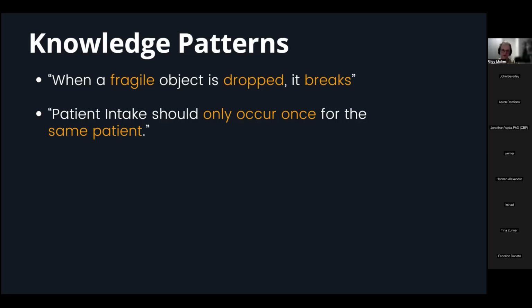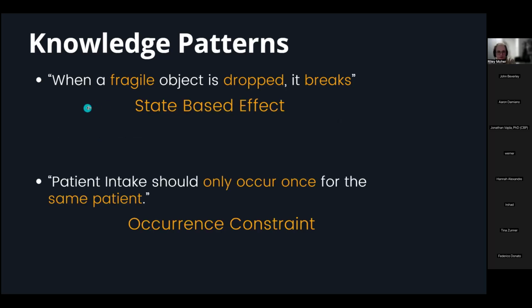And this kind of behavior that we're modeling in general would be something that we want to model to all kinds of different processes. So the first example would be a state-based effect, right? So it's very common to processes that we want to model to say that something is true beforehand, something happens, something else is true after that's happened, right? And similarly for the occurrence constraint. So we have some sort of activity and we're saying it should occur only once, right?